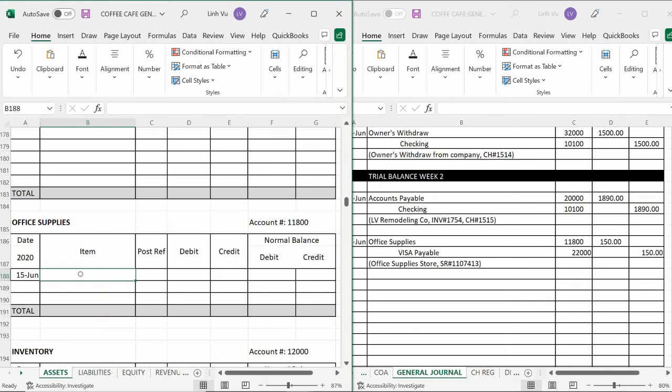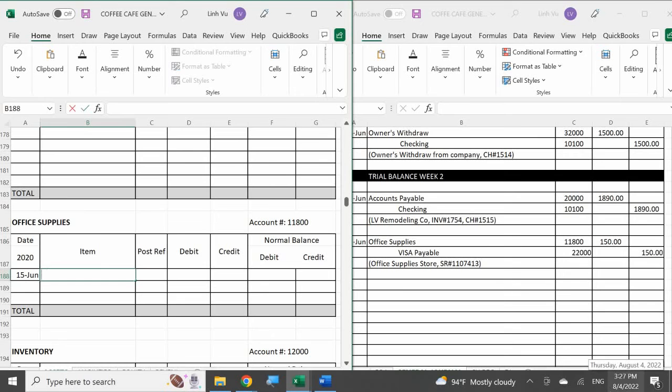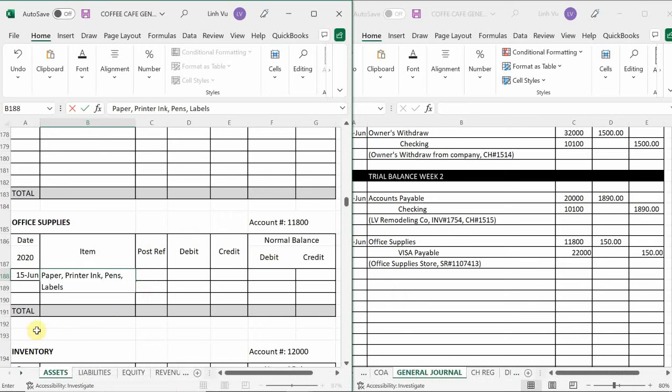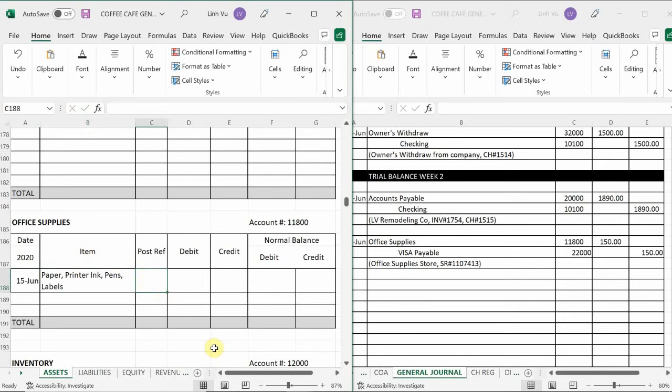You bought printer paper, printer ink, pens, and labels. It's JZ5 in the debit of $150.